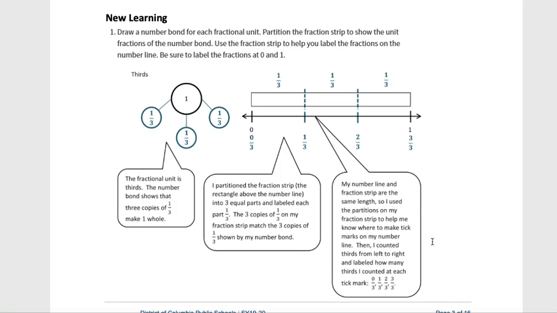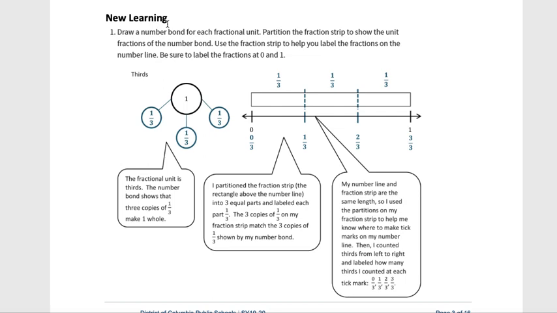Now our new learning is about number bonds and still partitioning a line, a fraction line. And so I want you guys to be able to use the number line and to use the number bonds. So it says to draw a number bond for each fractional unit.